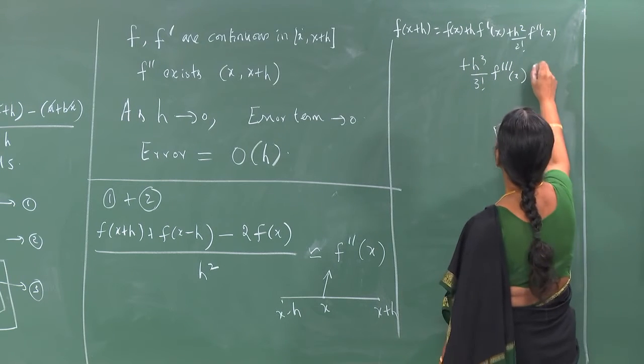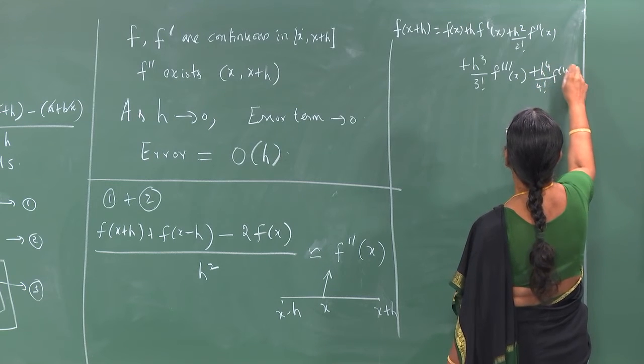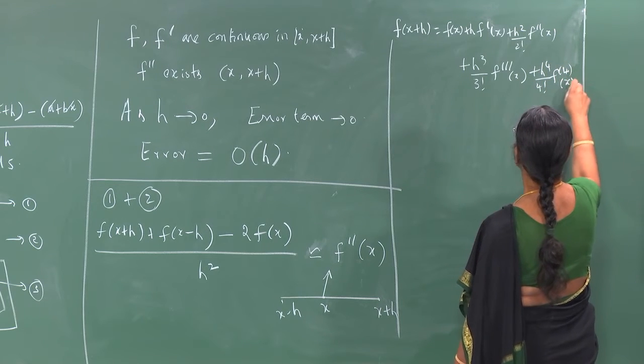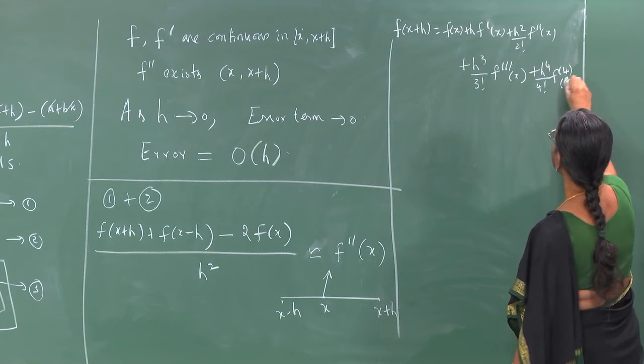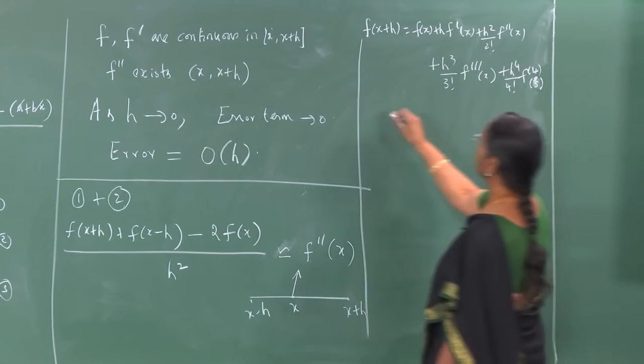I shall write down one more term, the fourth derivative at x, and I am going to truncate here. So, this will be the remainder term.